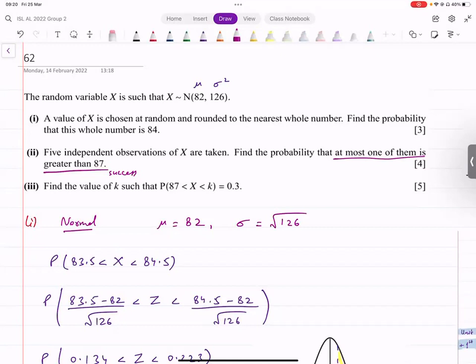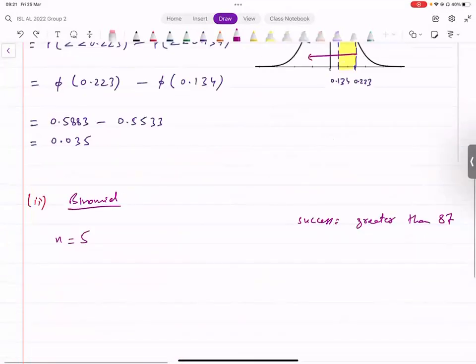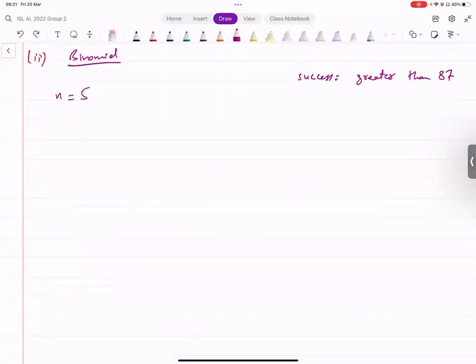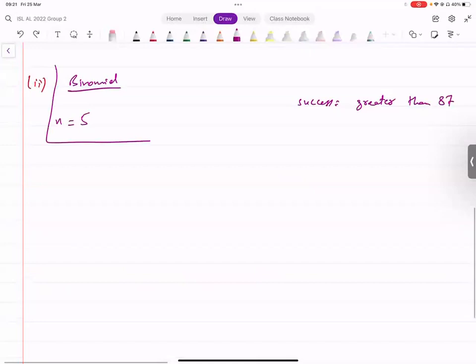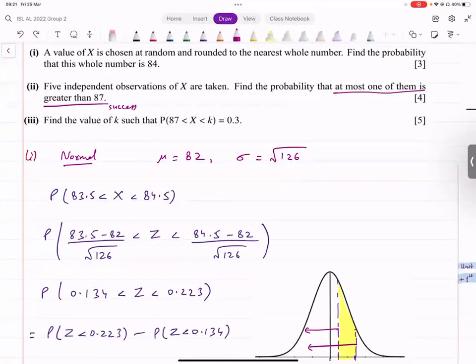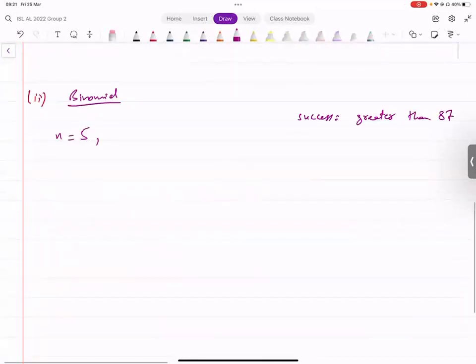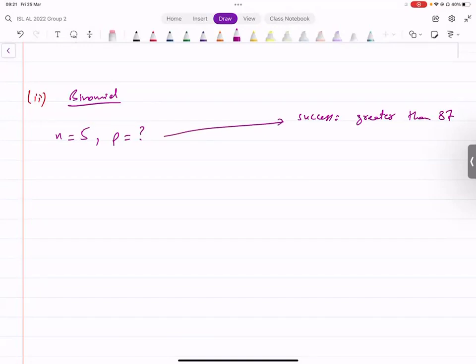X देखें यहाँ पे ये original variable है. X is normally distributed, remember? 82 उसका mean था और ये standard deviation थी square root of 126. So basically एक आपके पास binomial distribution है जो main distribution है. अब इसमें probability of success क्या है? ये हमें नहीं पता. ये हमें figure out करनी है. अभी probability of success कैसे find करेंगे?